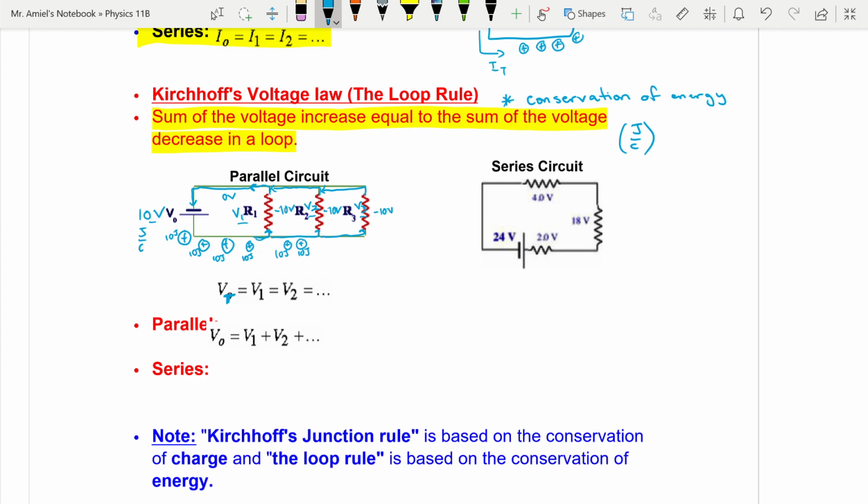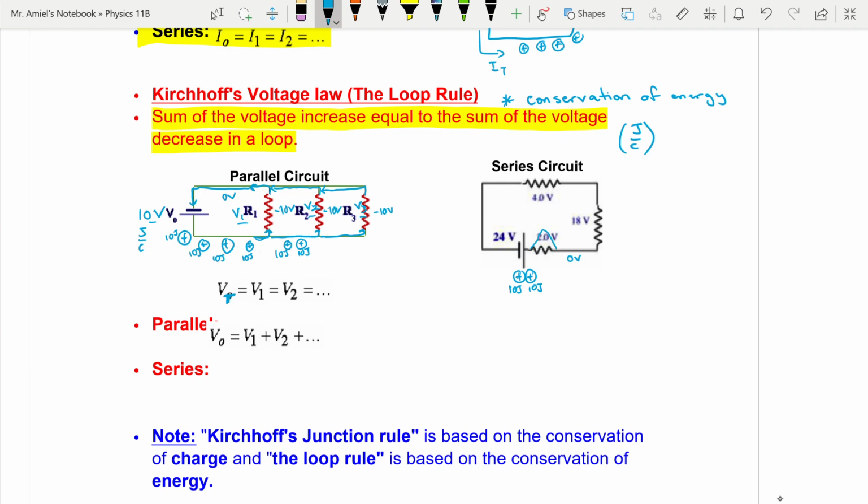Okay, now in a series circuit, if we had the same thing where we've got our charges with 10 joules per coulomb, and we lost all of that energy right away across this resistor and ended up with 0 volts here, we'd have a problem, because then we'd get to this resistor. We know we're going to slow down and lose potential energy, but we've got nothing left to give.